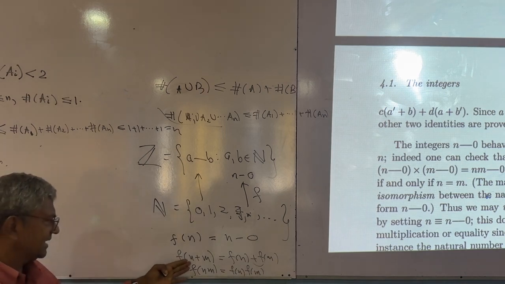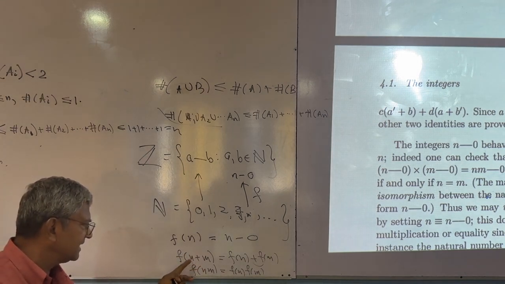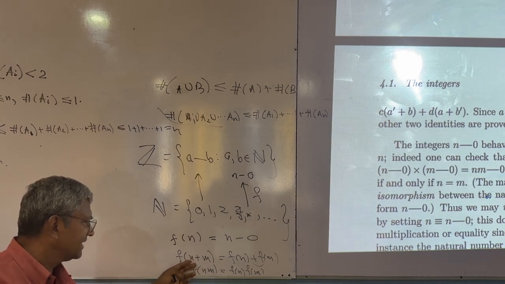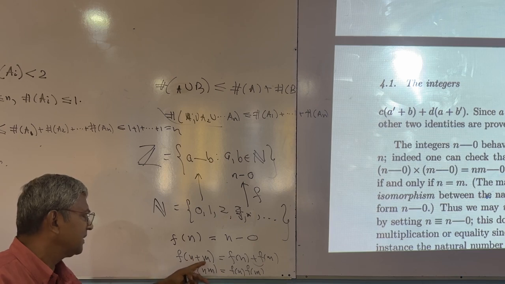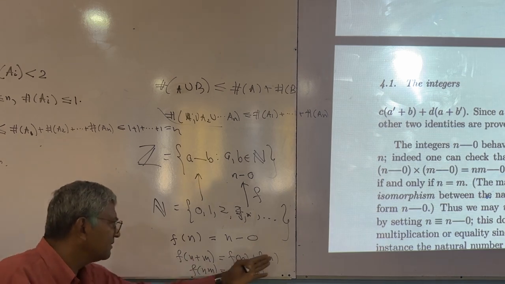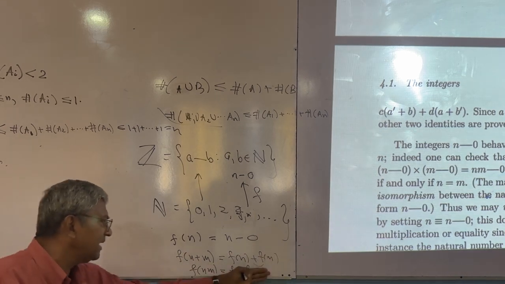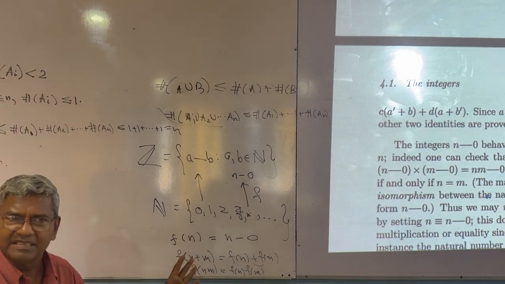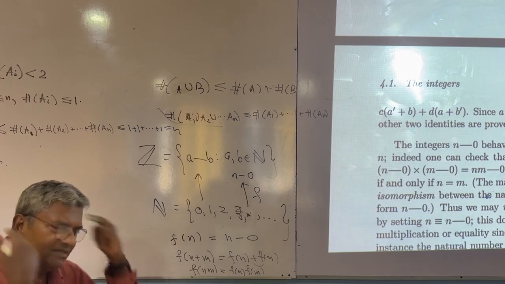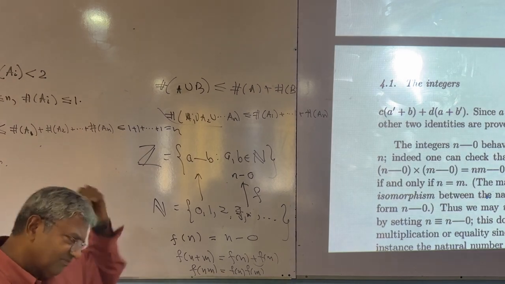So n and m with respect to addition, both addition-wise they are the same, multiplication-wise they are the same, different objects. In group theory actually you get so many examples.